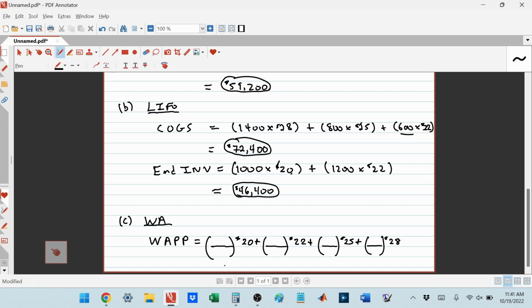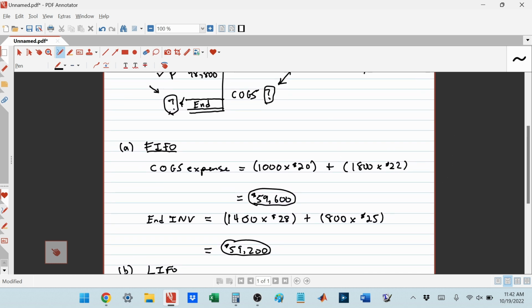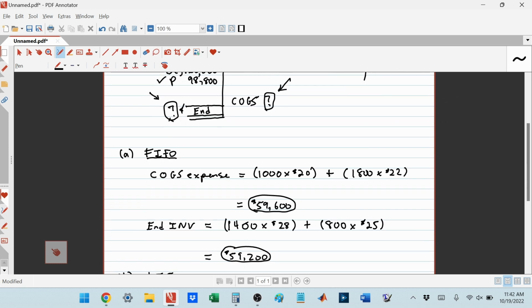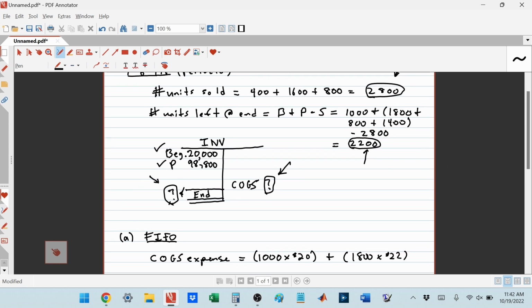Now these weights, what's going to go in the denominator of the weights? The denominator always gets the available for sale units. The max units we could have sold over the whole year. If we're using the periodic system, the denominator of these weights will always be the max units we could have sold over the whole year.